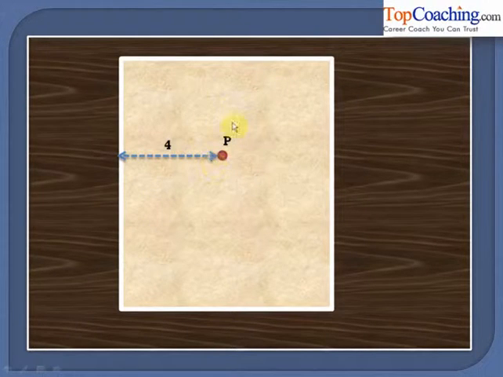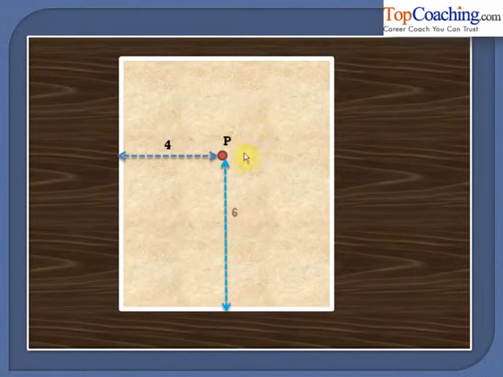Now how do we differentiate between this point P and the other points that lie on this line? For that, we need one more piece of information: this point is also at a distance of 6 units from this edge of the paper.